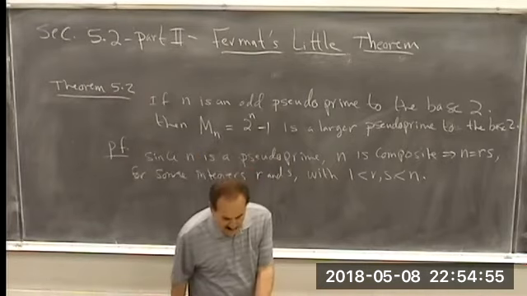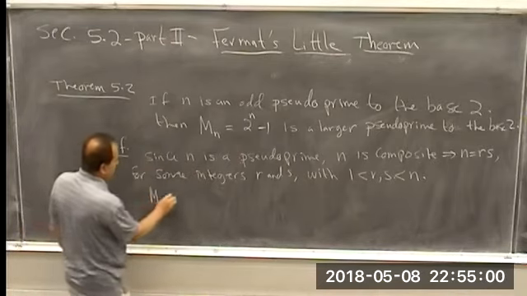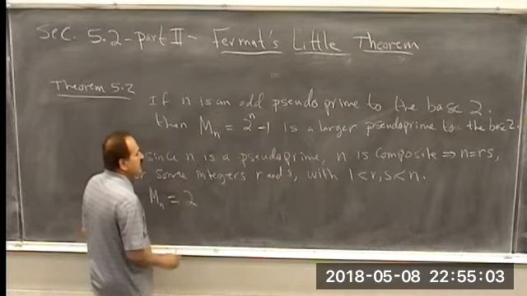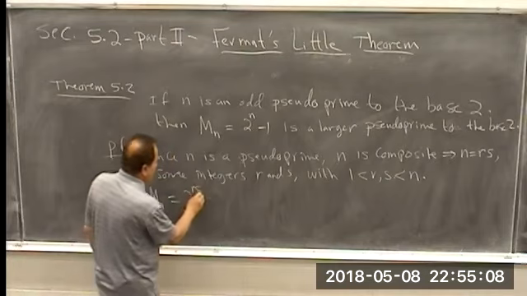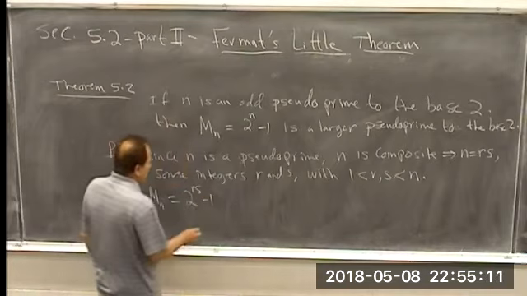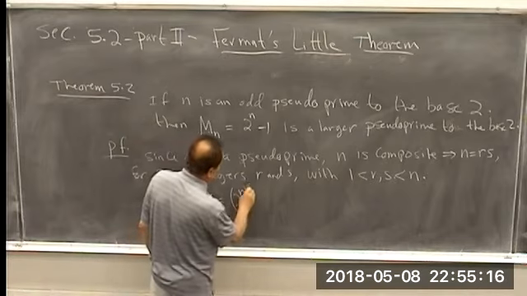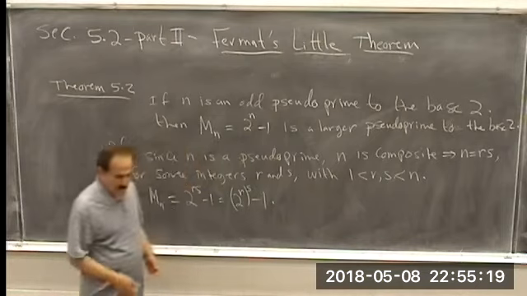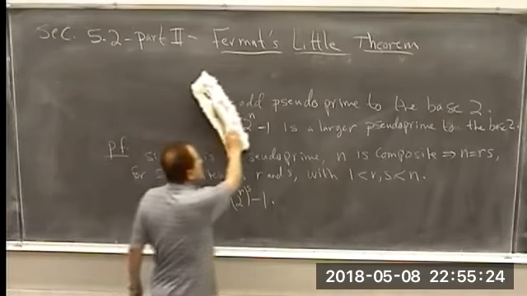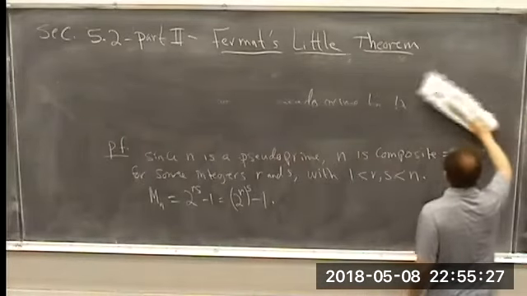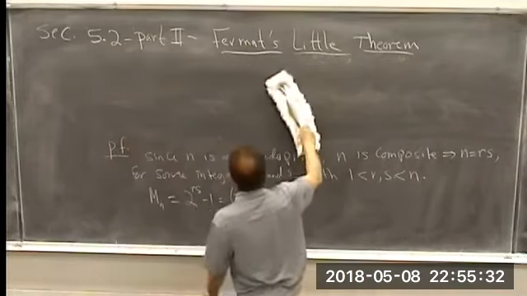All right. Now let's consider this M_n. So this is equal to 2^(rs), because that's what n is, minus 1. And I want to write this as (2^r)^s - 1. I want to use an algebraic identity that is very simple and easy to prove by either math induction, or you could just multiply it out.